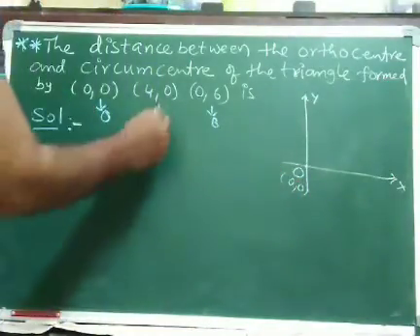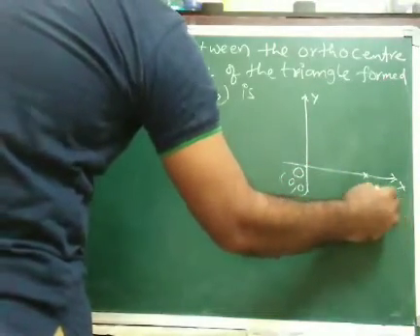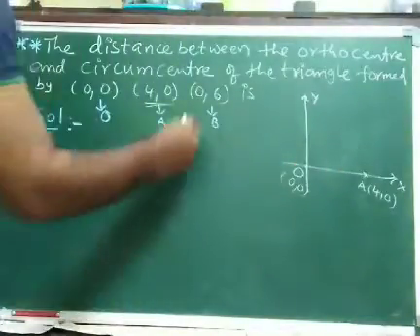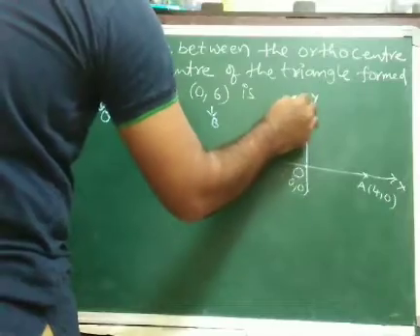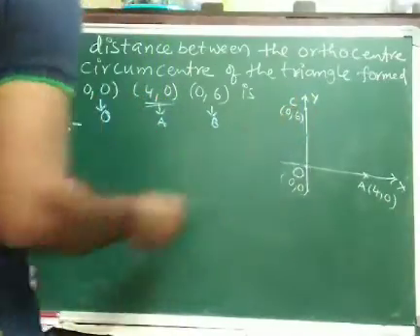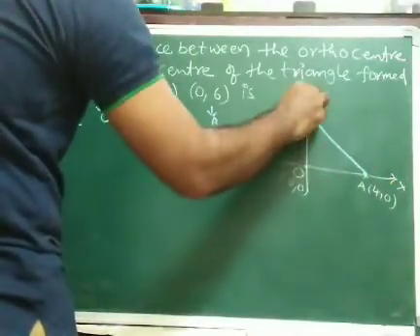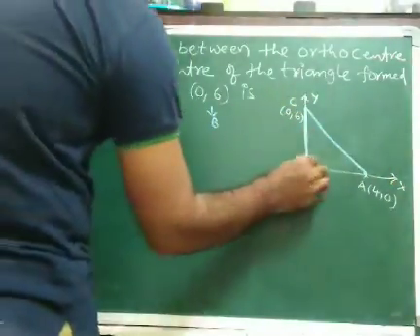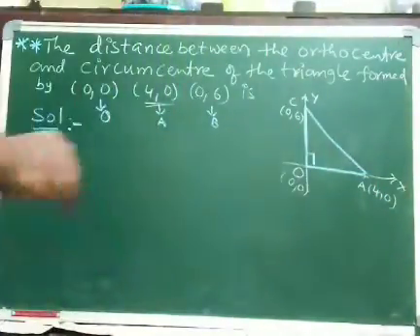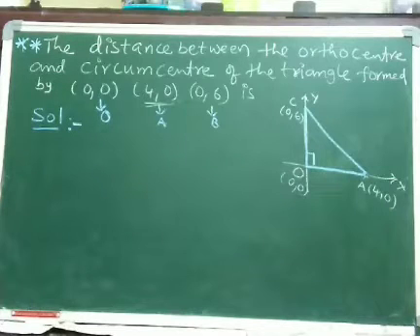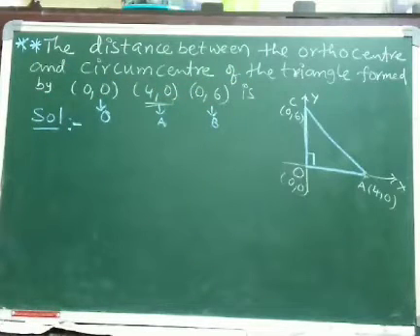And 4, 0 will be somewhere here, which is capital A. And you know 0, 6 is here on the y-axis. So this is C, which is 0, 6. Now if you join AC as well as OC as well as OA, clearly we are getting a right angled triangle. I mean the given vertices form a right angled triangle.